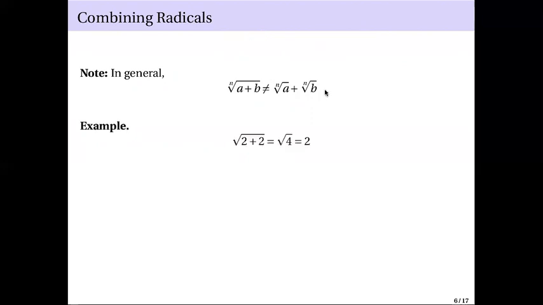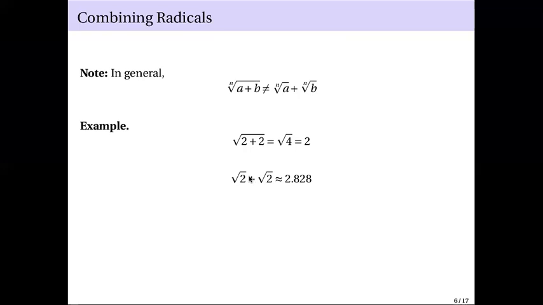Just for example, you have here the square root of 2 plus 2. 2 plus 2 is 4. If you take the square root of 4, you get positive 2. On the other hand, square root of 2 plus square root of 2 is approximately 2.828.